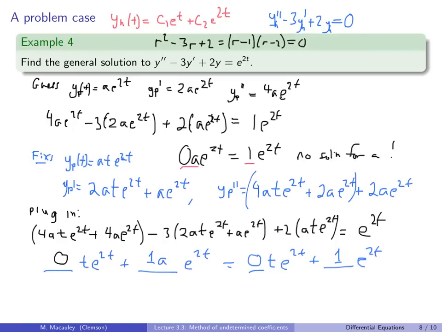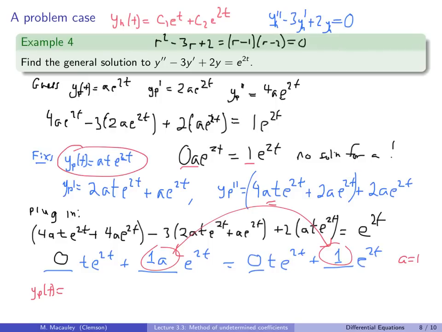This will always cancel in that manner. And a has to equal 1. So that means we have found a particular solution of the form y_p of t equals, where was it again?